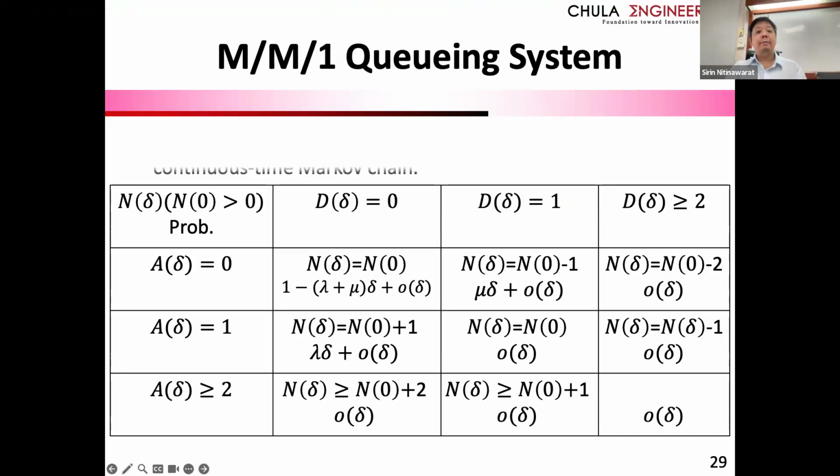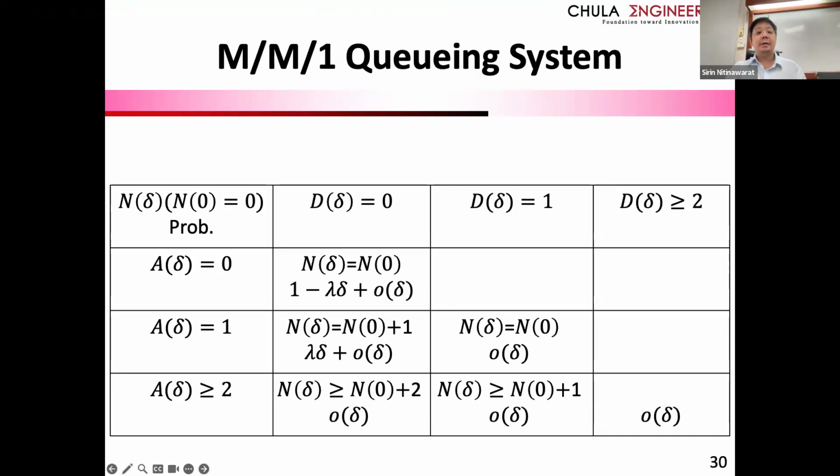If you start off with this dynamics, starting with an empty system, what are the two events with dominating probabilities? These two: either no additional arrival and hence no departure, or just one more arrival and no departure.